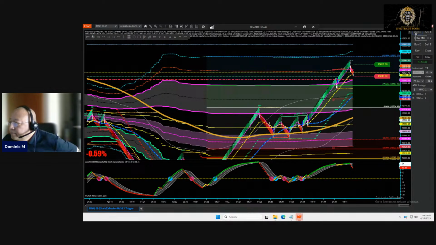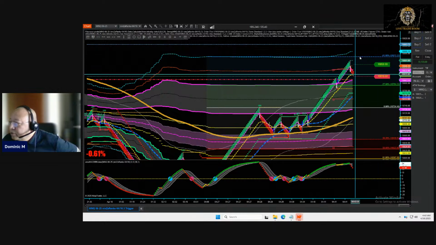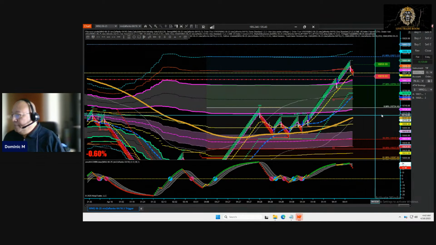Pullback. Usually this type of pullback is going to produce another, it's probably going to go back up. Let's see.